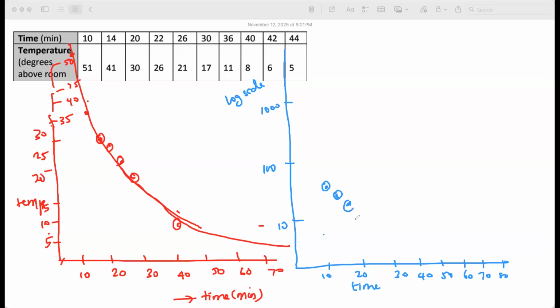You see what happens? 22 is a 26. 26 is a 21. And then 30 is a 17. Not able to distinguish and show you, right? Hold on. Let me see what I can do.